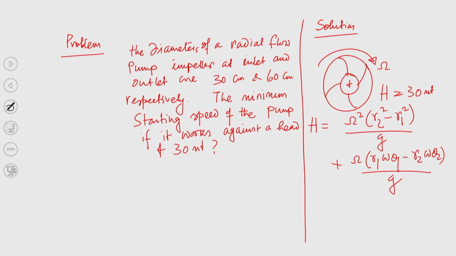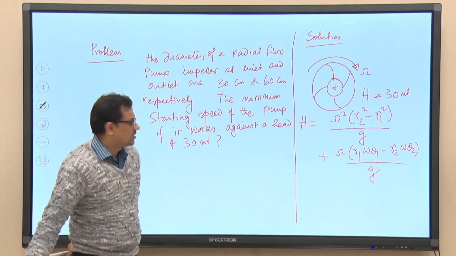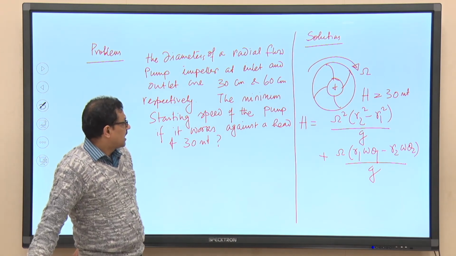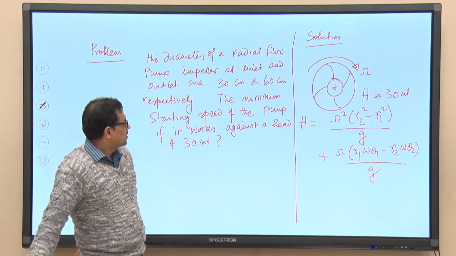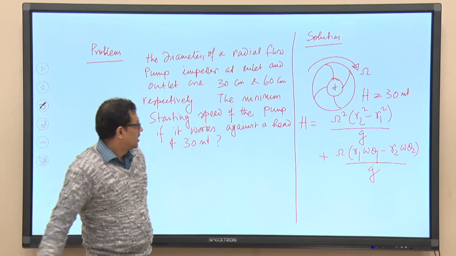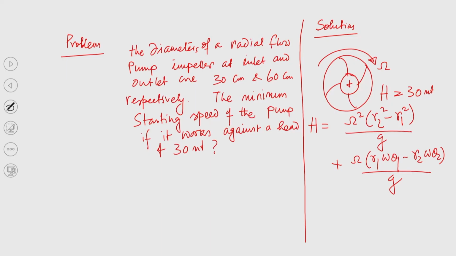So, this is the expression we can write, that is what we have seen from today's exercise. And we need to calculate the minimum starting speed. Now, question is, we do not know anything about w theta 1 and w theta 2, right.